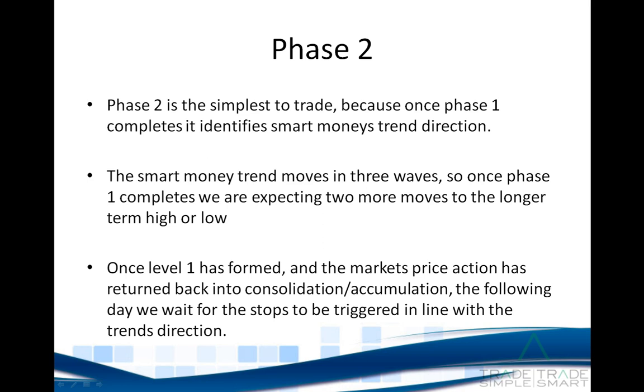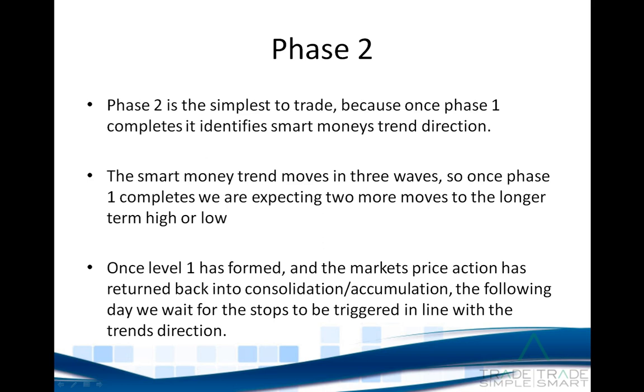Now as we know, the smart money trend moves in 3 waves, so once phase 1 completes, we should be expecting 2 more moves to the longer term low or to the longer term high, depending on whether it's a bullish or bearish phase 1.